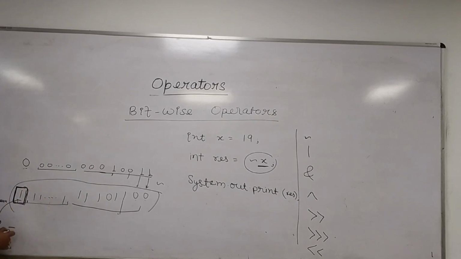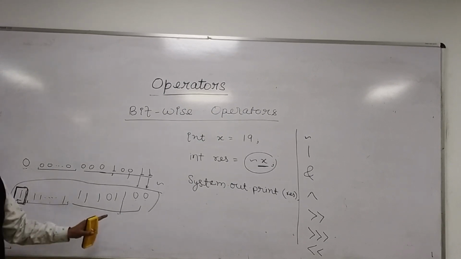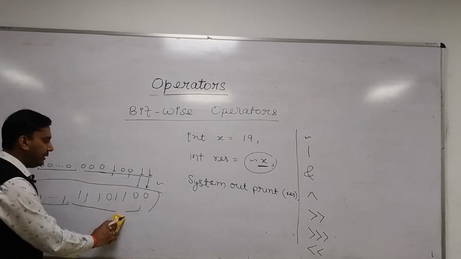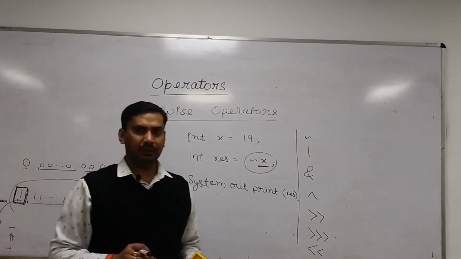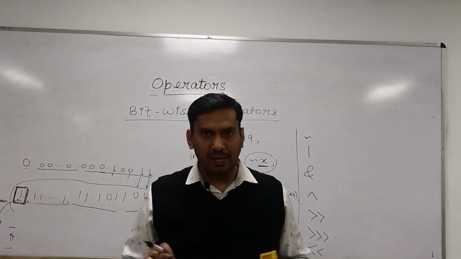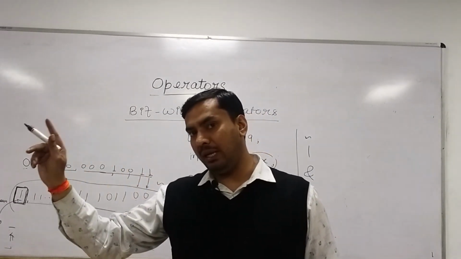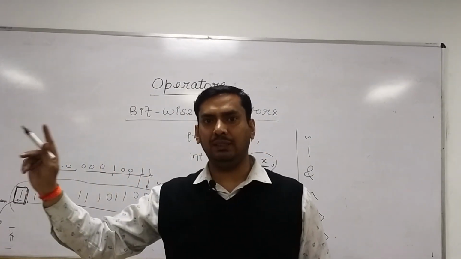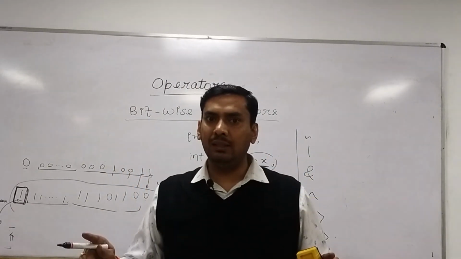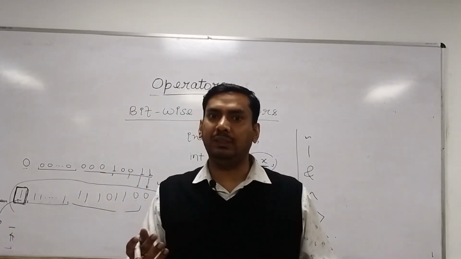Just understand that this is going to be a negative number, but how will you calculate its value? Its value will be calculated using the 2's complement. So if you have any binary representation where the MSB is 1, your signed bit is 1, you have to take the 2's complement to find out its value.